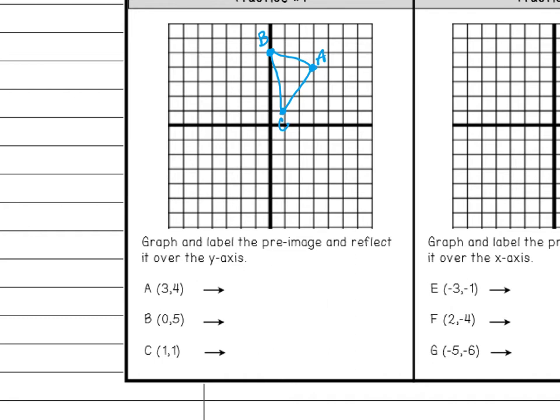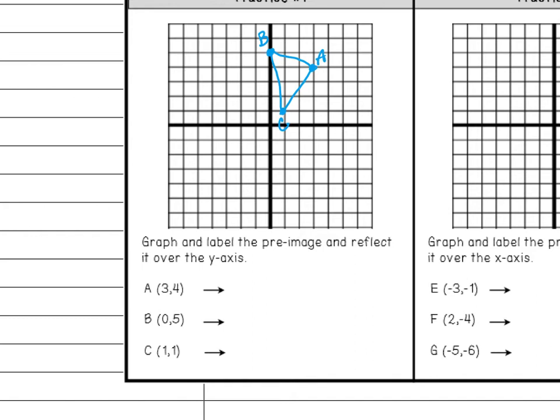So that's A prime. Well, where's A prime located at? Well, it's -3 because I went over 3, and it's still up +4. It's not 3, -4. It's not down here, right? Okay, so it's up there. And then where's B prime at? Well, I'm reflecting over the y-axis. B is on the y-axis, so it doesn't change at all.